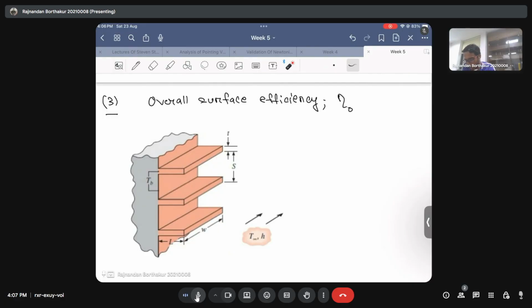The manner in which this eta o, or the overall fin efficiency, is defined is the rate of heat transfer from the overall stacked fin, which is qt, to the maximum rate of heat transfer. Again, this is how efficiency is defined, right?